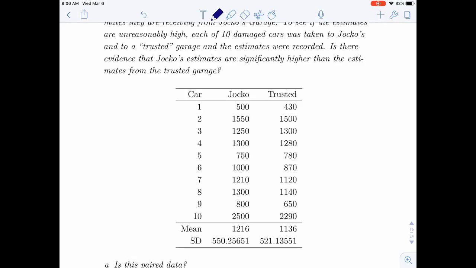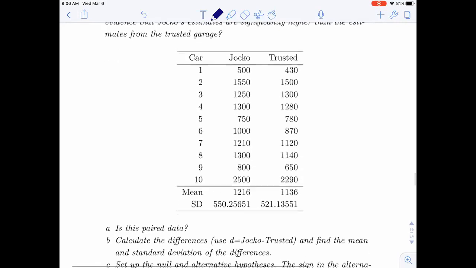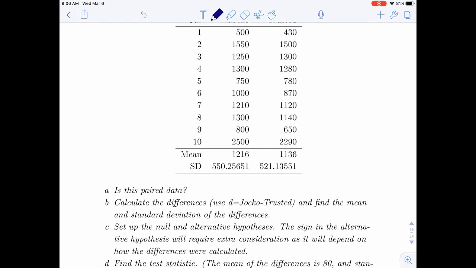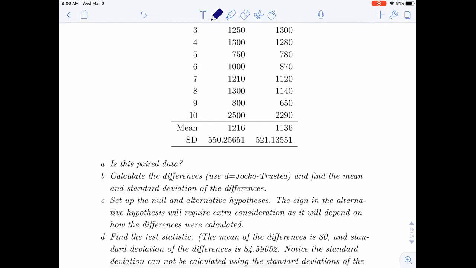So what we need to know is, if it's higher, what does that mean in terms of the mean difference relative to zero? We'll mangle that, but first, we'll go through.